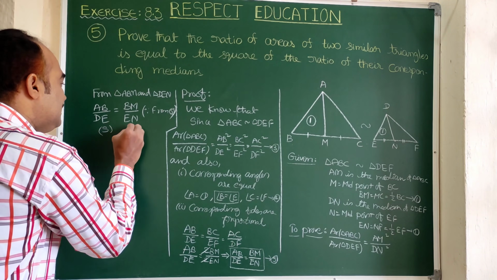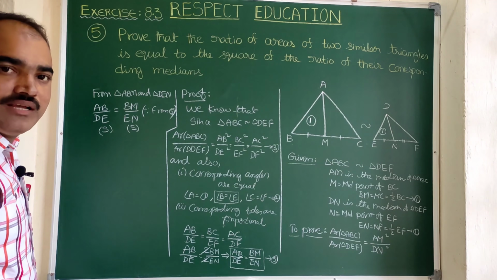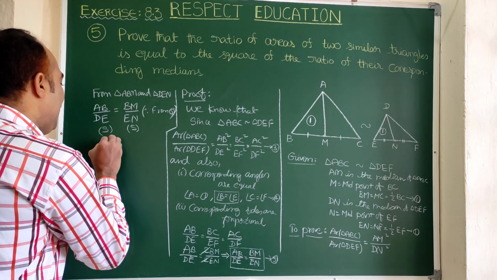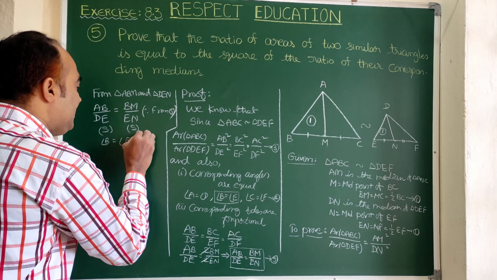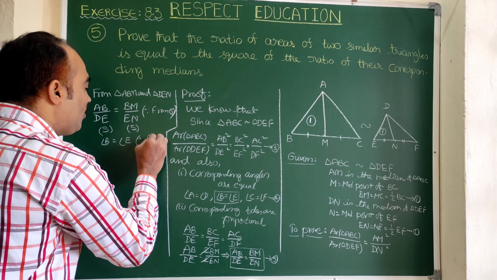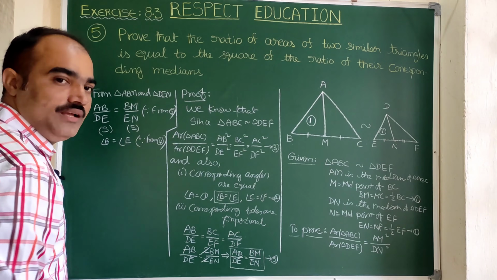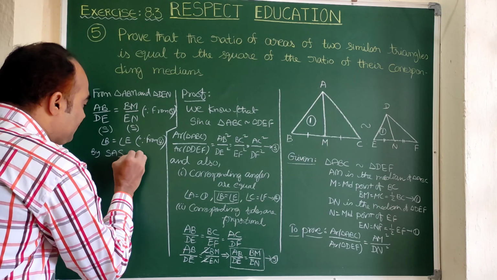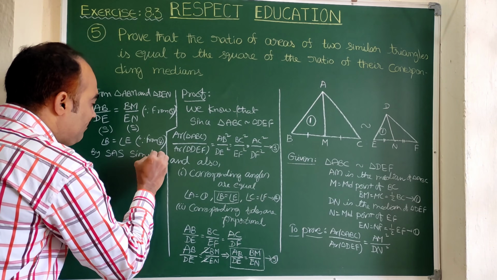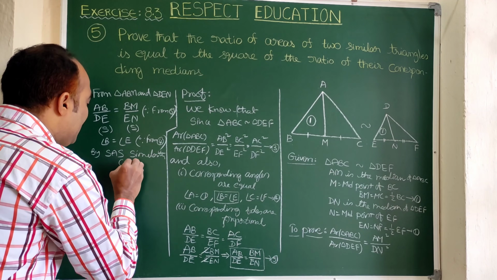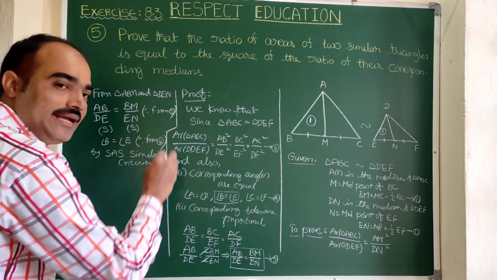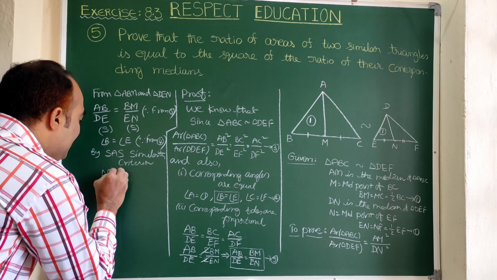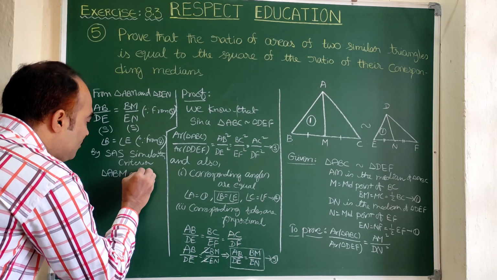And from equation 4 we have angle B equal to angle E. So by the SAS similarity criterion, we can say that these two triangles are similar, means triangle ABM is similar to triangle DEN.